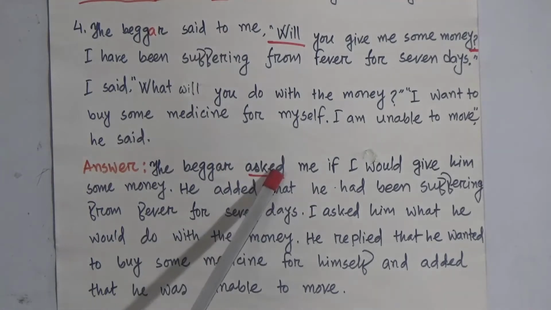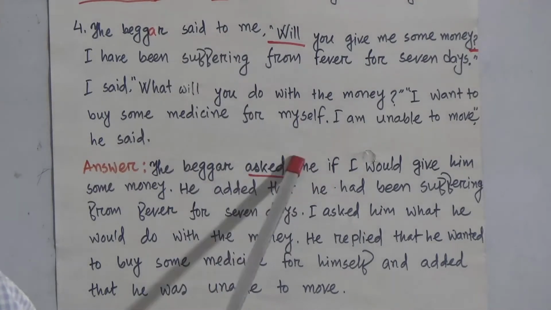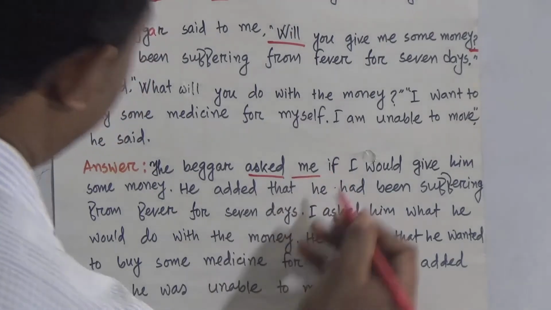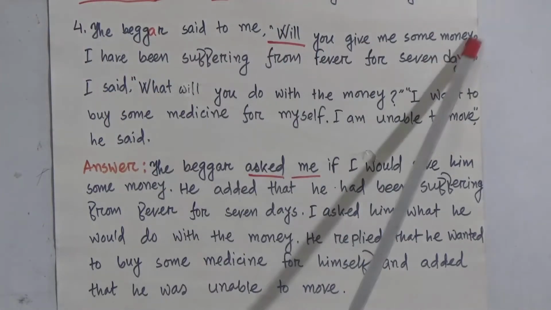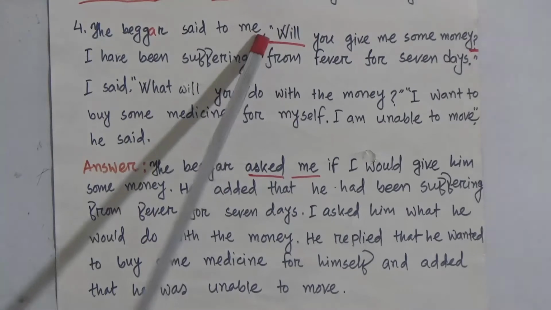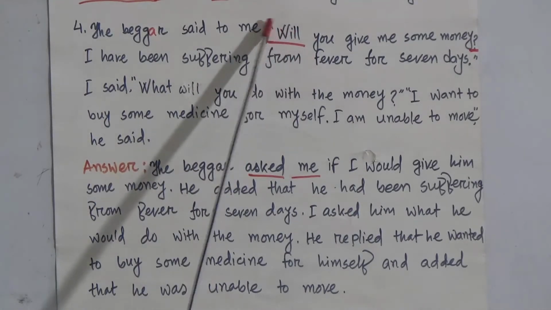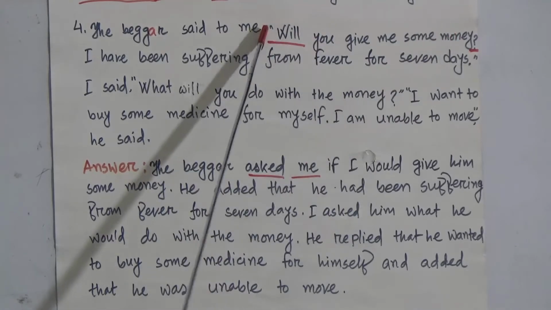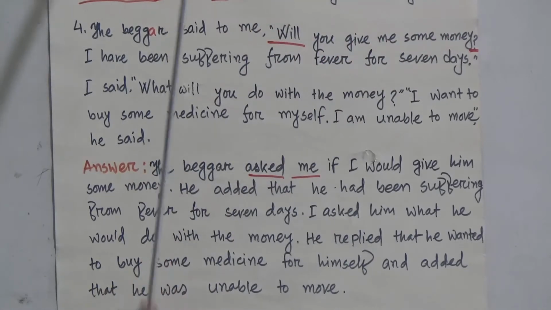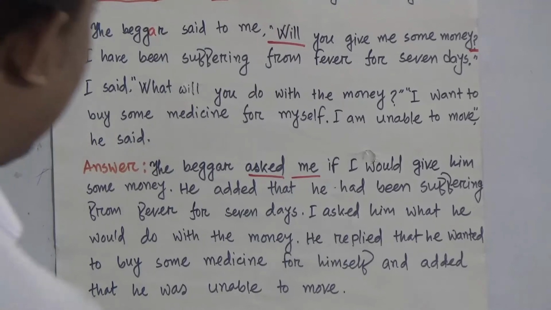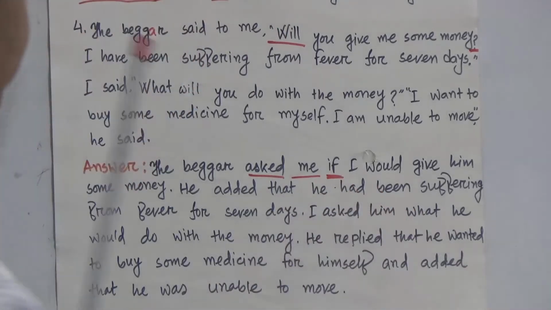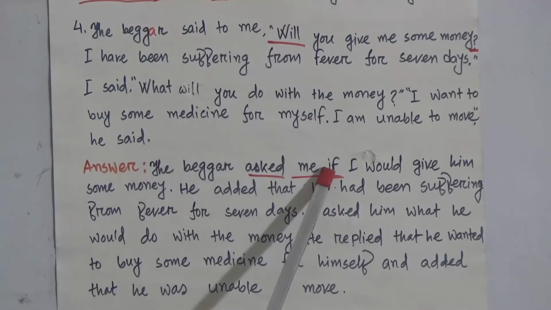Asked me, and after writing up to this, will you give me some money? That means it starts with an auxiliary verb. So if we find any auxiliary verb at the beginning of any interrogative sentence, at the time of doing narration, we have to add an additional if. Mind it, I told you several times. After giving it, we will give the subject, you.